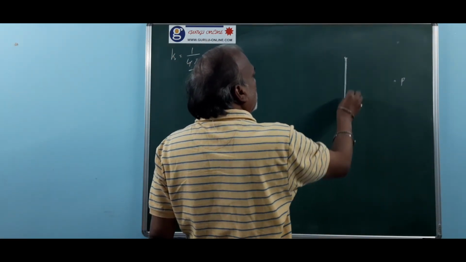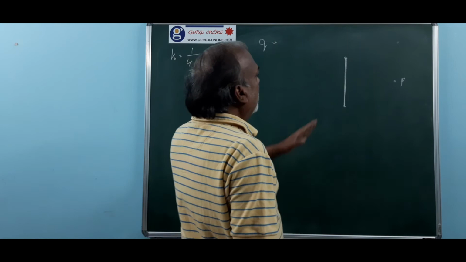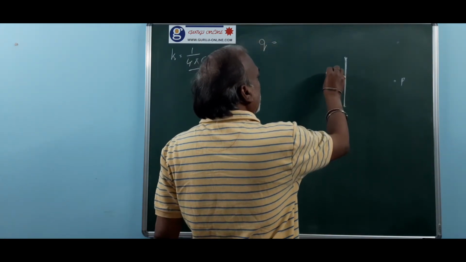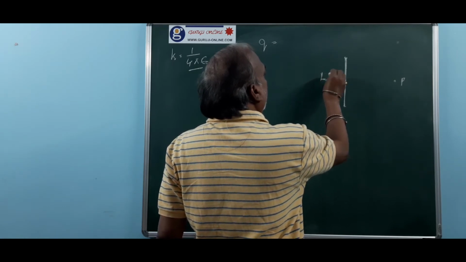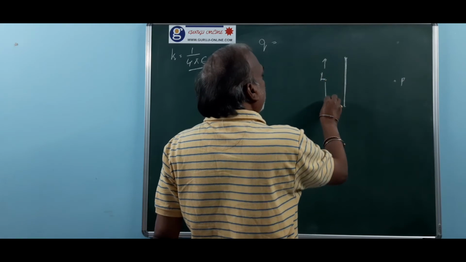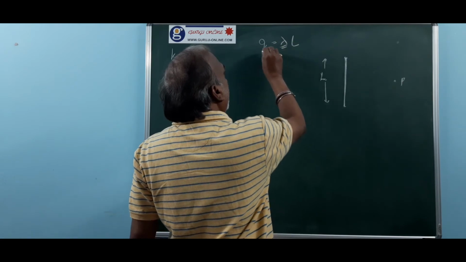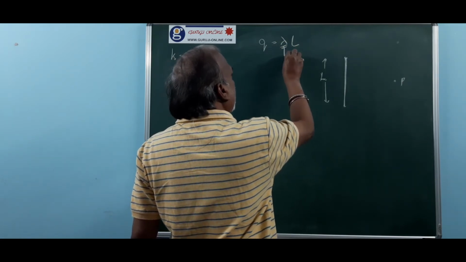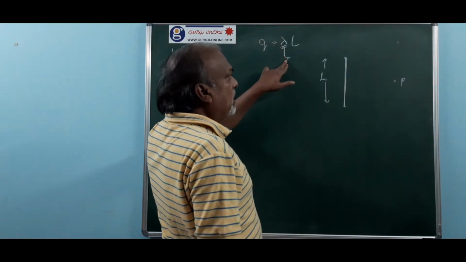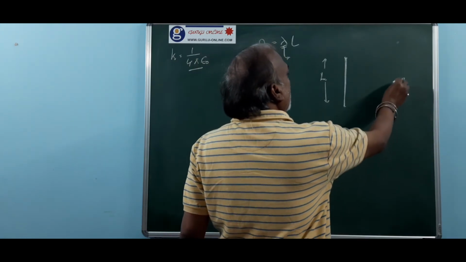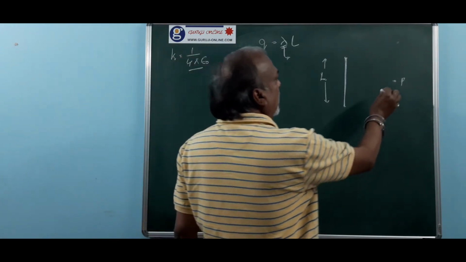Uniform charge means, suppose this is the total charge here, it is Q, then naturally suppose it has got length L, whereas Q is equal to lambda into L, lambda is nothing but the charge density per unit length. So suppose you are asked to find out what is the electric field at this point.